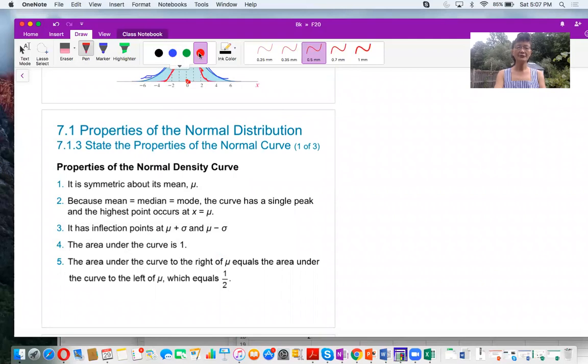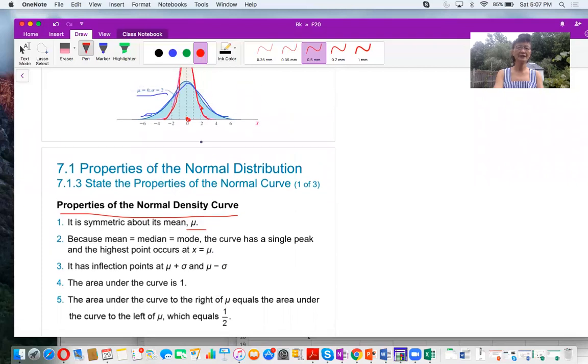Now let's look at the properties of the normal density curve. Number 1, it is symmetric about its mean, mu. Number 2, because in a normal curve the mean equals the median equals the mode, the curve has a single peak, and the highest point happens at x equal to mu.